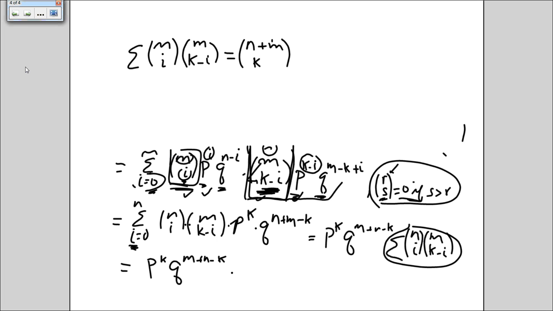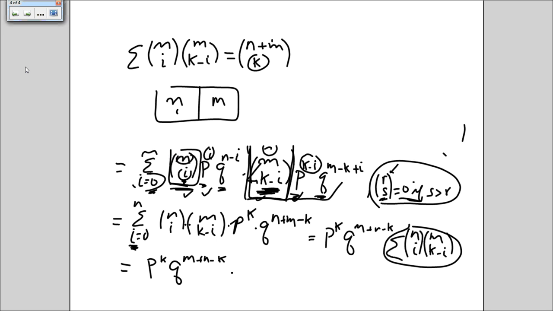How many ways can you choose k objects from n plus m objects? Well, basically partition the n plus m objects into n objects and m objects.